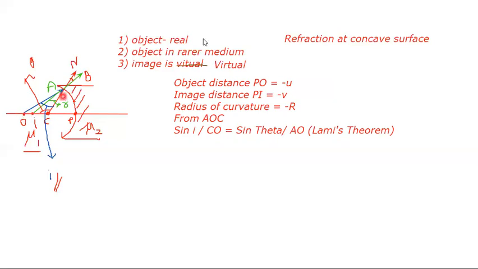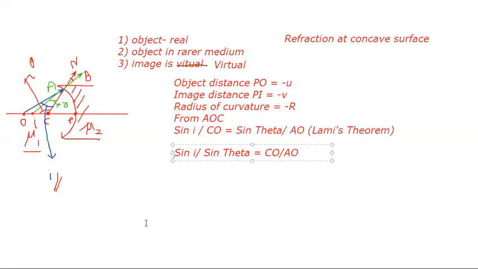So this is according to Lami's theorem. Now we can write sin i by sin theta will be equal to CO divided by AO.